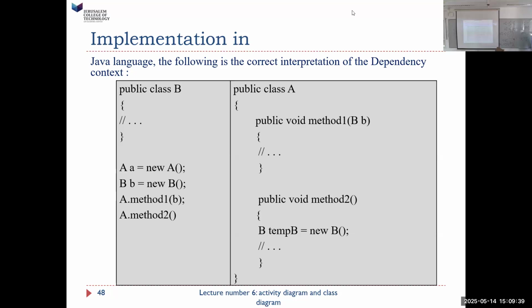This is how I would call it. If I want to call method 1, I have to give it something of type B, so I would write a.method and then give it a B. But in 2, I wouldn't have to give it anything, it would create it.